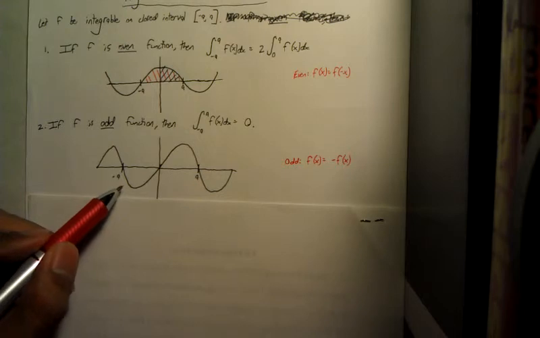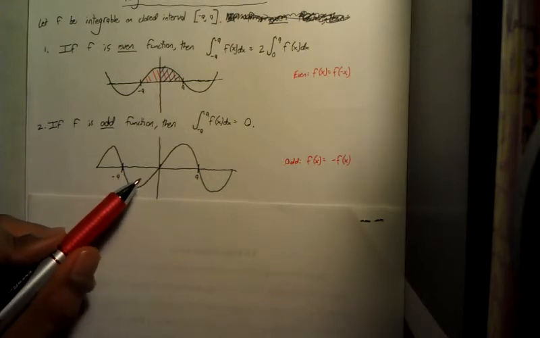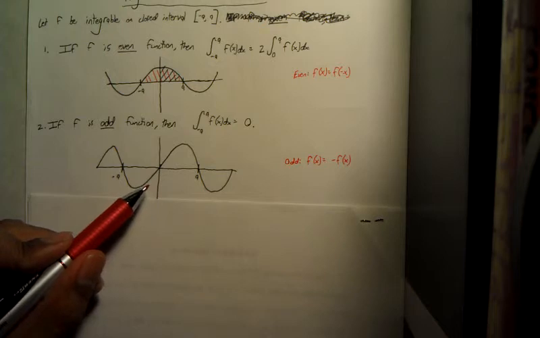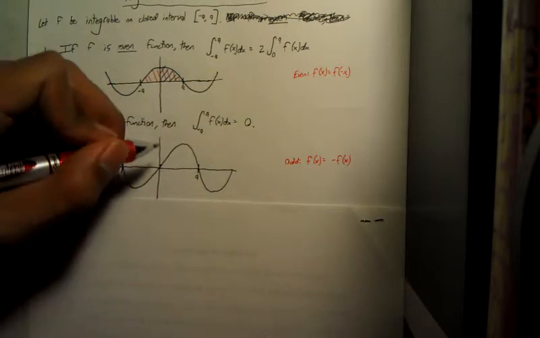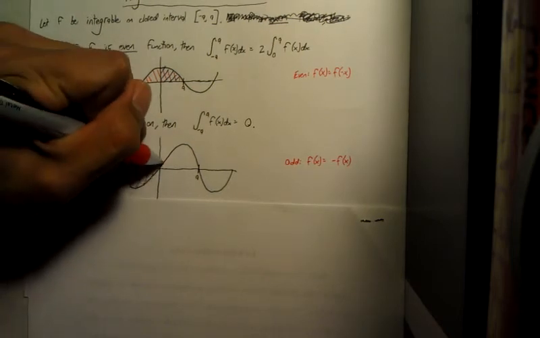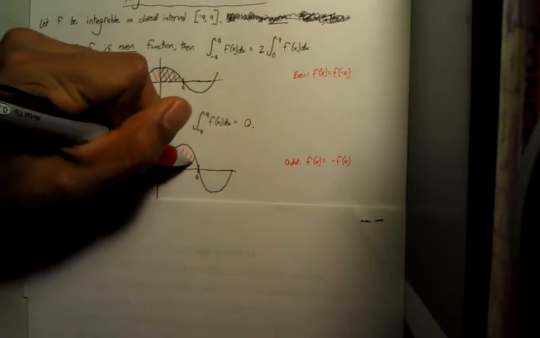So if you look at my picture here, I have a sine graph. Sine is an odd function, and so it's saying the integral from there to there equals 0.